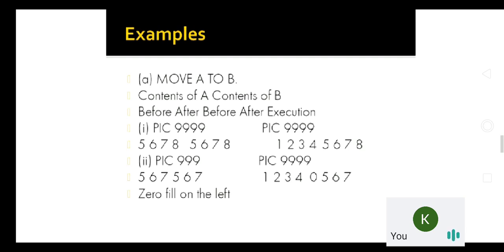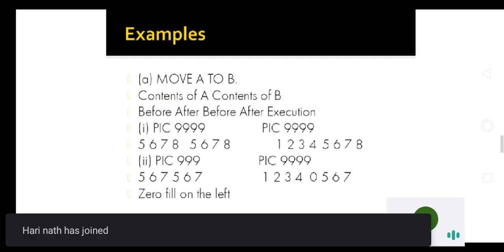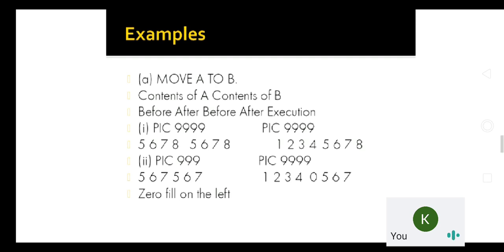The picture clause for A is PIC 9(4), and for B is also PIC 9(4). Both the sending field and receiving field are the same size, so it won't be a problem.